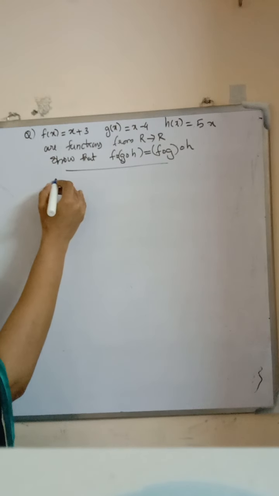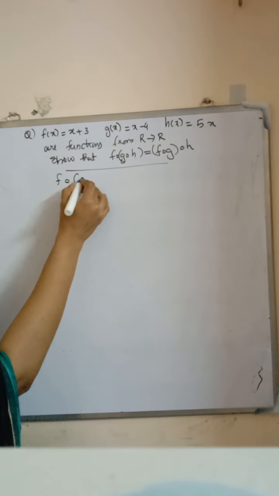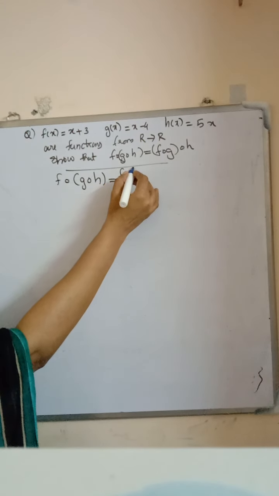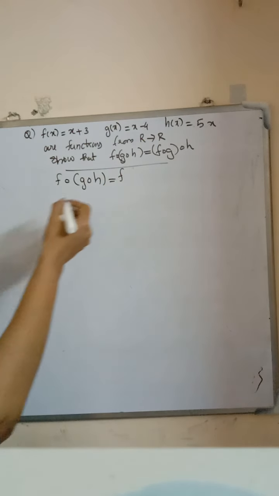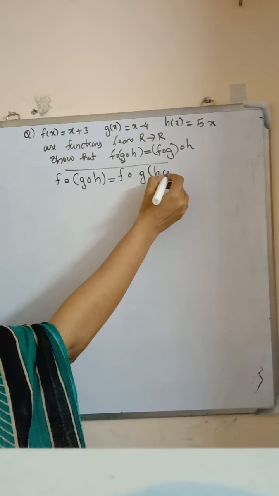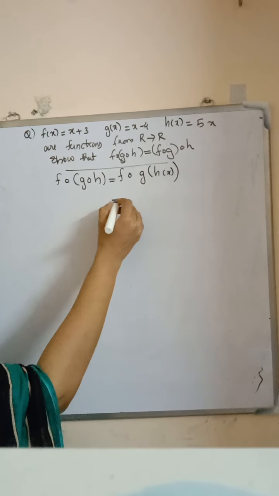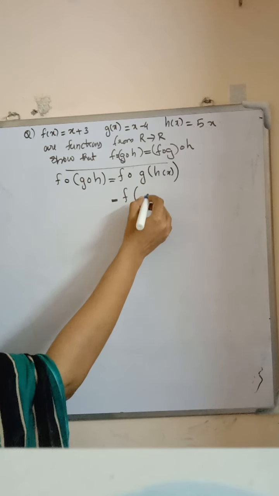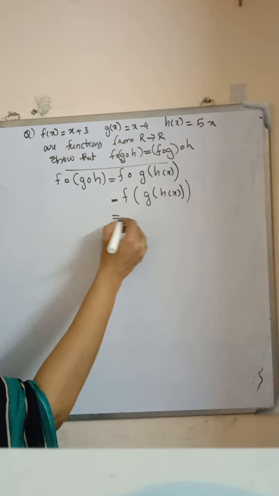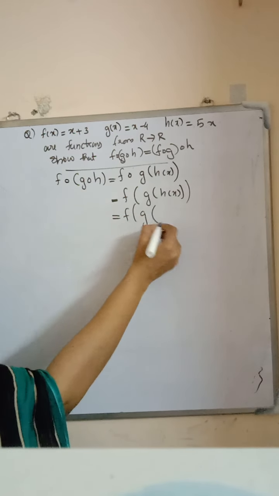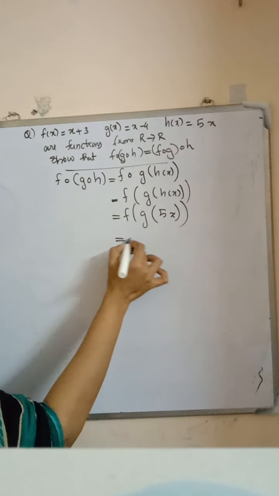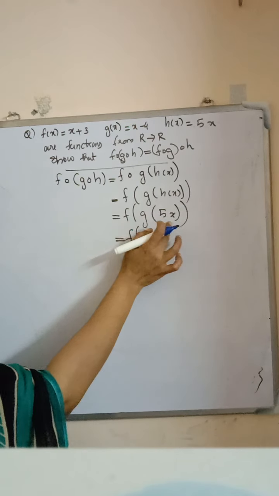So first we consider the left side, f composition (g composition h) of x. That is equal to f of g of h of x. h of x is 5x, so that is f of g of 5x.